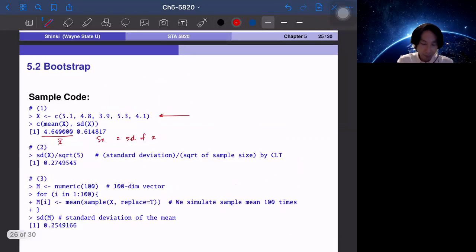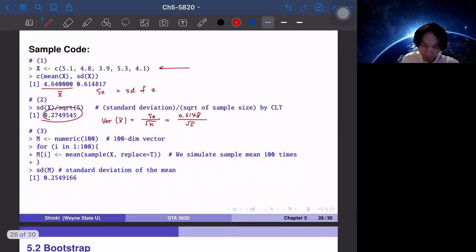If you have studied statistics, you know that the standard error of x bar is equal to the standard deviation divided by square root of n. That is 0.6148 divided by square root of 5. So you can get this number.